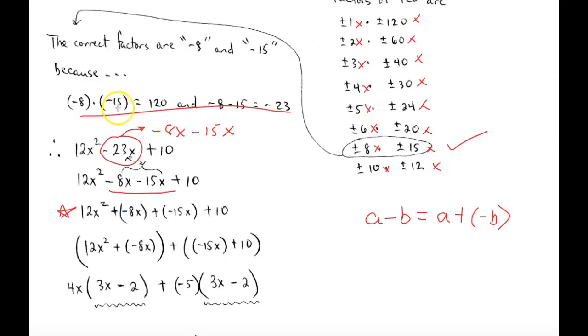So from that point, I look here and I say, all right, I'm going to group the first two terms together and the second two terms together. And you see I've done that, and then I factor out the greatest common factor in between each group. And so the idea here is that whenever you do this, if you're doing factor by grouping, what you get inside of parentheses should be the same. Okay.